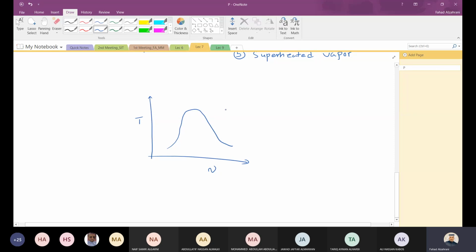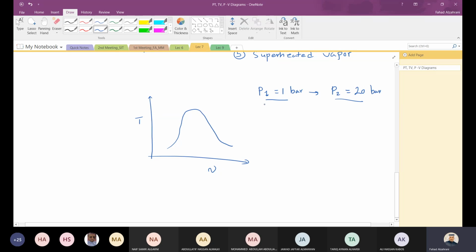If I tell you that I have a process that goes from P1 equal to 1 bar, for example, until P2 equal to 20 bar, just as an example, show this process on the TV diagram. So this is a process from P1 to P2, from 1 bar to 20 bar.